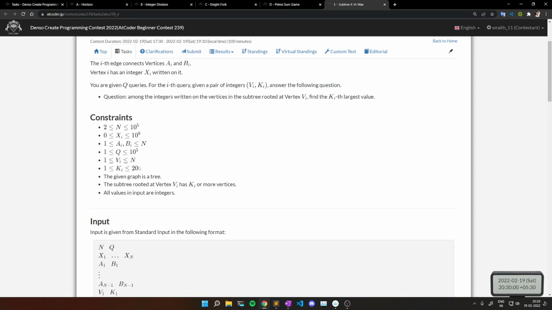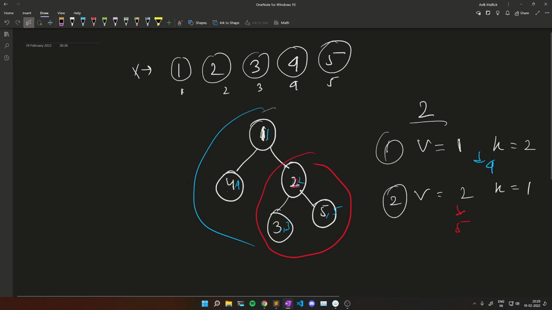Also one thing to notice, which I missed initially, for which I had TLE, is that k can be at most 20. This means that for each subtree at most we can be asked to give the 20th largest value in that subtree. So now how can we do it?